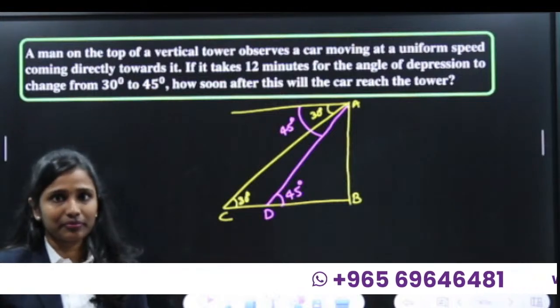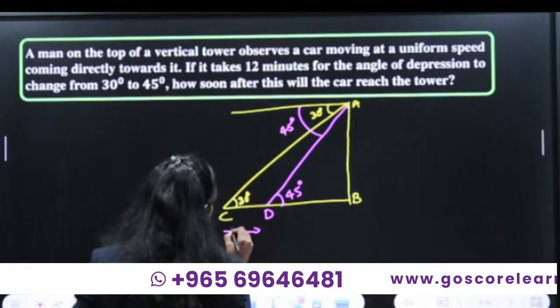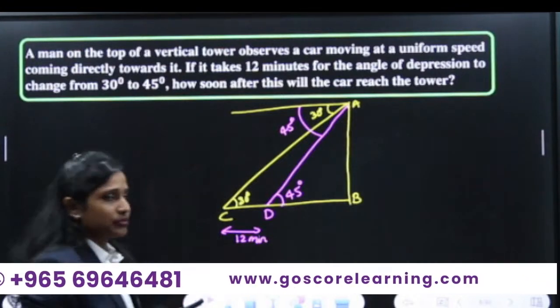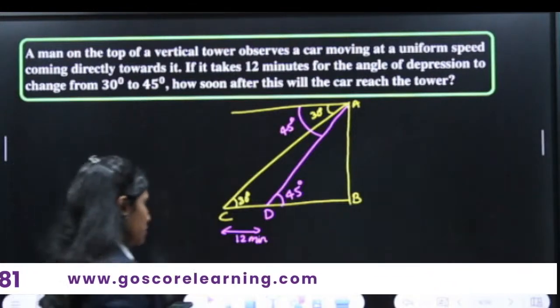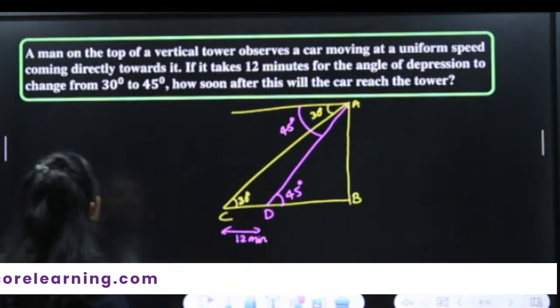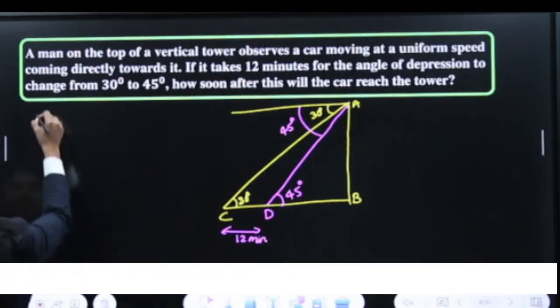From C to D it takes 12 minutes. This much information is from the question. Now we need to think. First consider the triangle ABC.